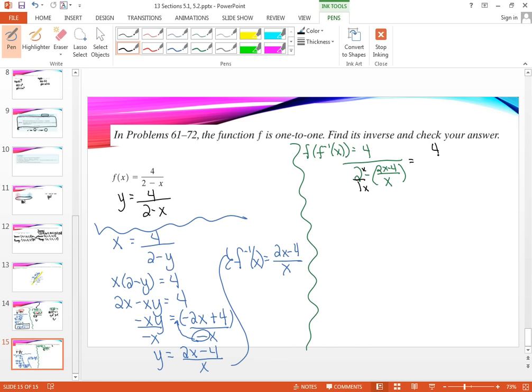So this is 4 over 2x minus the quantity 2x minus 4 over x. See where this is going? It looks messy to start with, but it's supposed to kind of fall out nicely. So 4 over 2x minus 2x plus 4 over x. That and that add to 0. So this is 4 divided by 4 over x, or 4 times x over 4, which reduces to x.